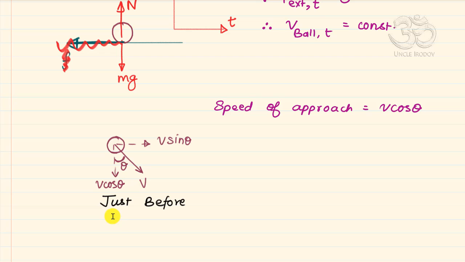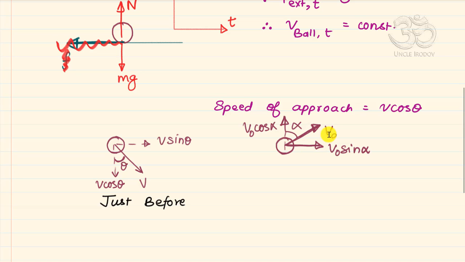Now what happens just after the collision? Now just after the collision, we will have the ball going at some angle, let's say alpha with the vertical, with some speed, and let's call that speed V0 or something, and the vertical component will be V0 cos alpha and the one along the tangential axis will be V0 sin alpha.